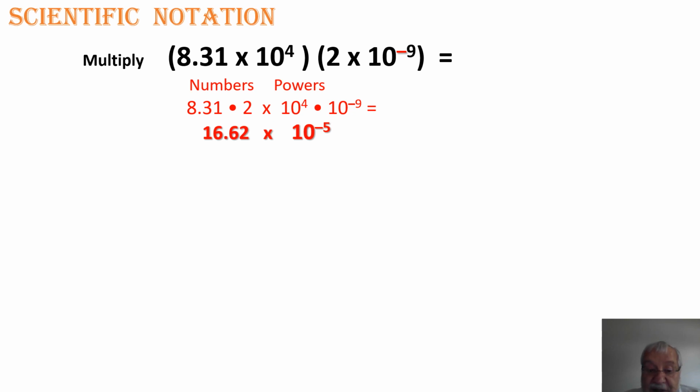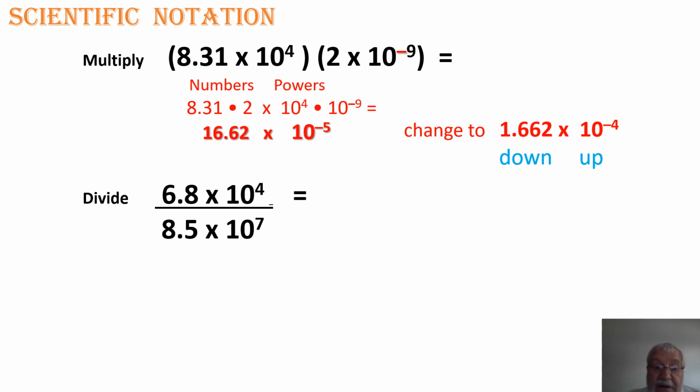However, the 16 is not in scientific notation, so I go down one place here and up one place on the power, so that I have 1.662 times 10 to the -4, which is proper scientific notation.